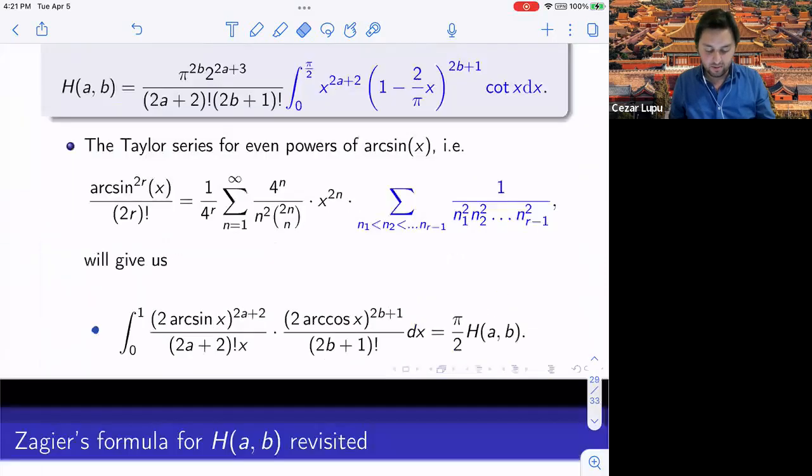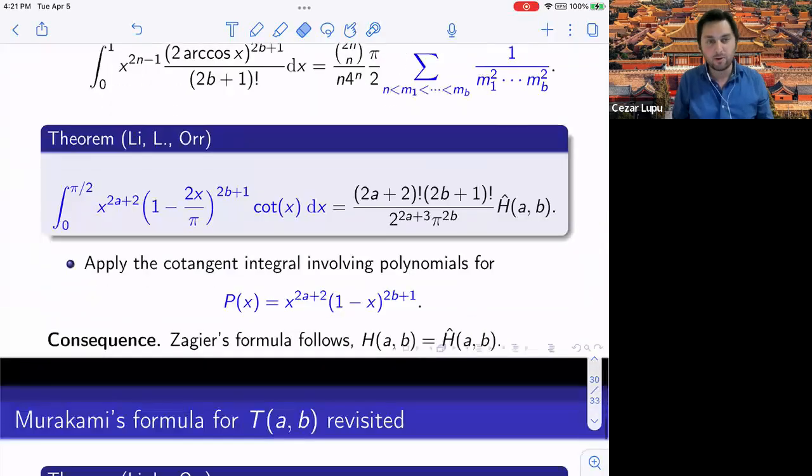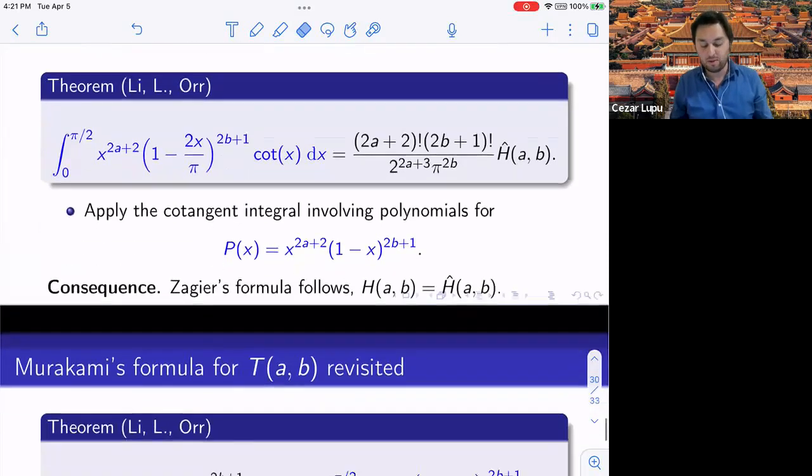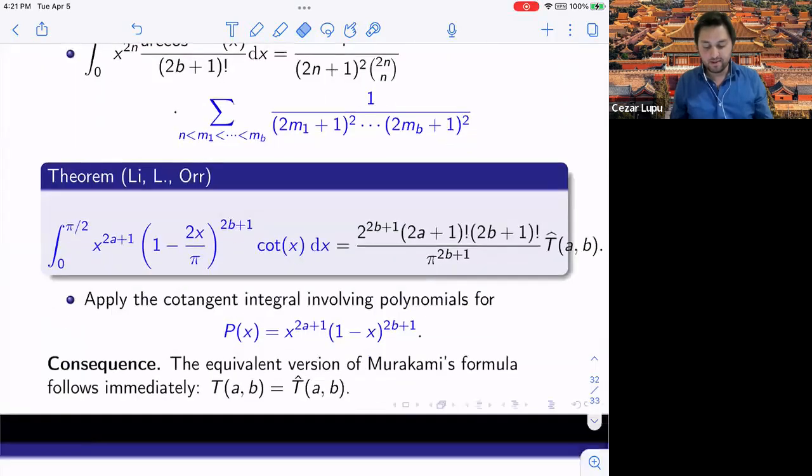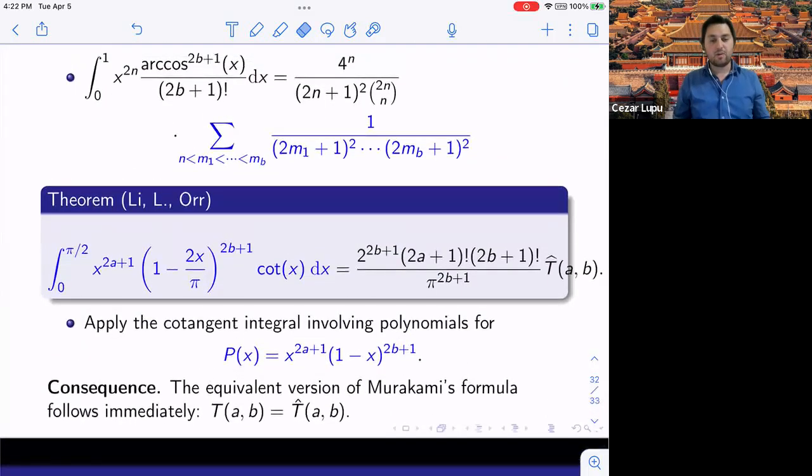You've seen that we applied it for x to the power 2a plus 2 in the case of the multiple zeta values. In the case of the multiple t values, instead of 2a plus 2, it will be just 2a plus 1. And it's the same thing. And again, the equivalent version of Murakami's formula will follow immediately.